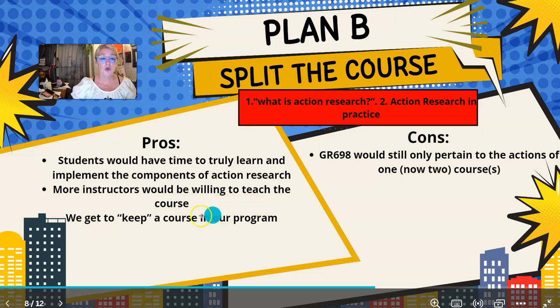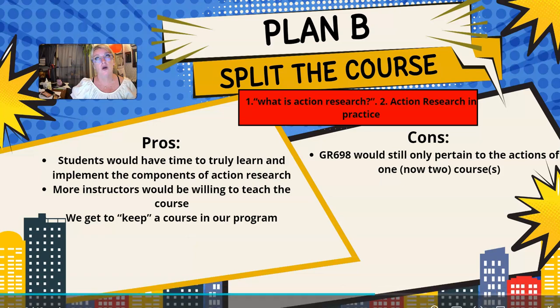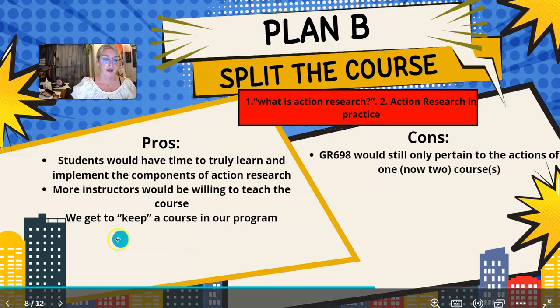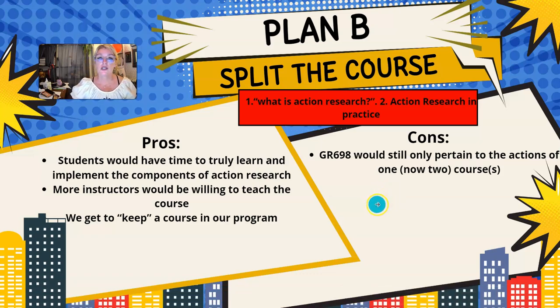More instructors would be willing to teach the course. It wouldn't be so overwhelming. It wouldn't be like, oh my God, no, I'm not doing this. And we would get to keep the course in the program. A con, GR698 would still need to be revamped to represent the preponderance of our entire program. Okay.